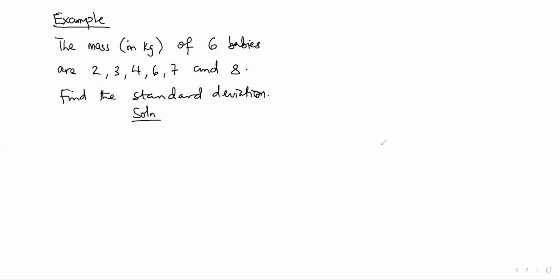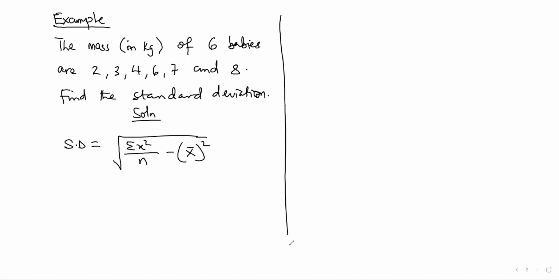All right, so the example before us says that we have to find the standard deviation for this data set. The mass in kilograms of 6 babies are these. We are told that the standard deviation formula, because in statistics the formula helps you know what goes into the table, is the square root of summation of x squared over n minus the mean squared. So we need to create a data set having our x, and since we have x squared, we need to create another column for x squared.